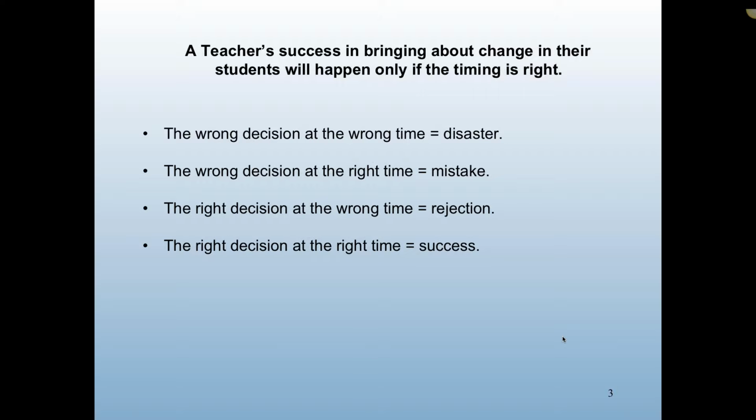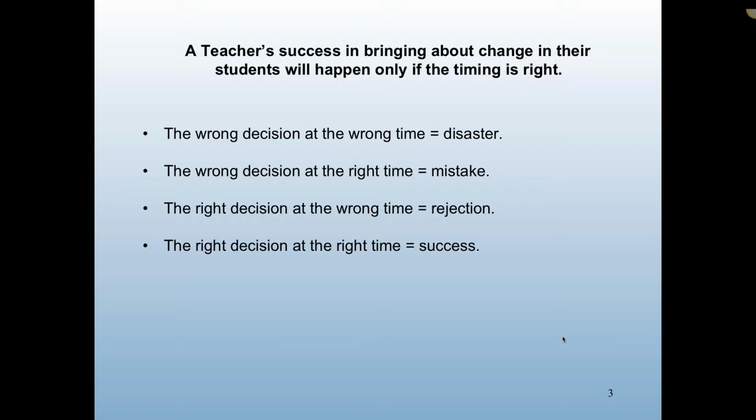Okay, so let's take a look at this. Much of what we do depends on the decisions we make as teachers. The wrong decision at the wrong time is obviously disaster. Will any of us do this? Yeah, we all do it. The wrong decision at the right time is a mistake. The right decision at the wrong time usually equals rejection.